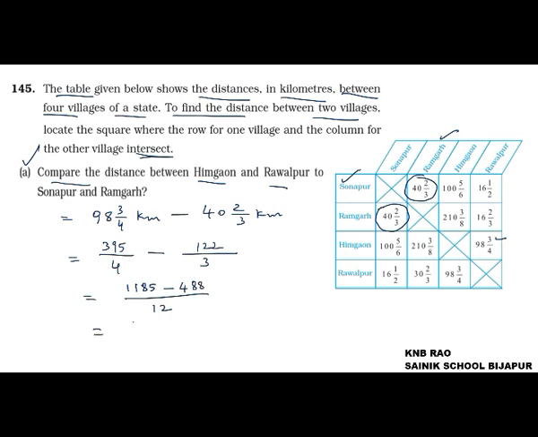Now it is the difference, 697 upon 12, which is also written as 58 1/12 kilometer. So this is how we find how much extra is there in the distance from Himgaon to Rawalpur than the distance from Sonapur to Ramgarh. This is sub question A.